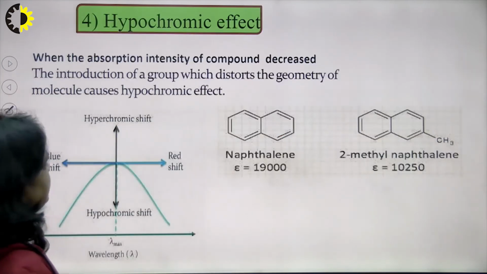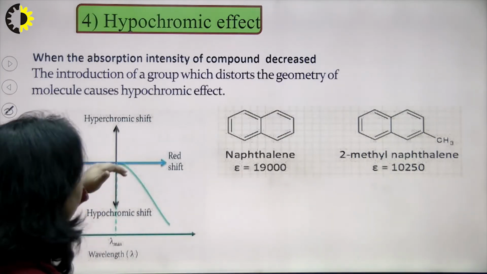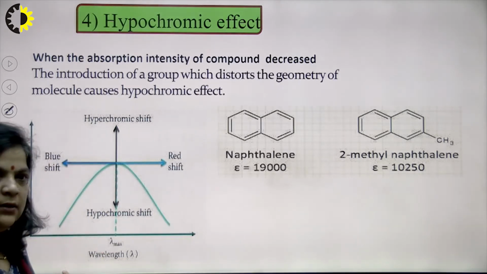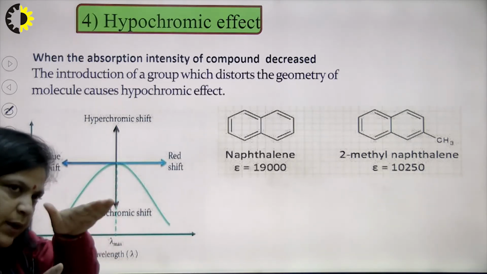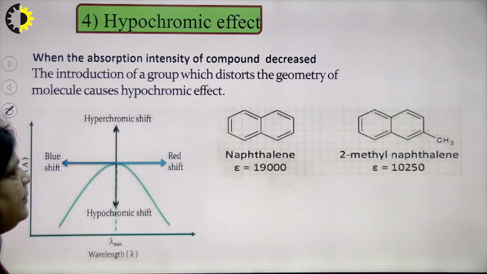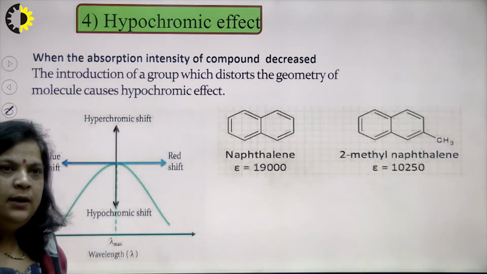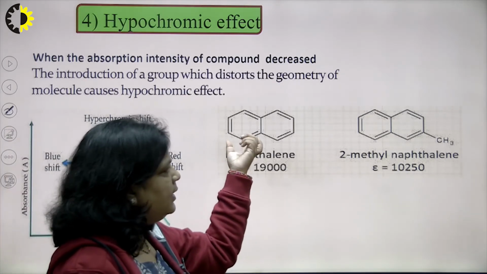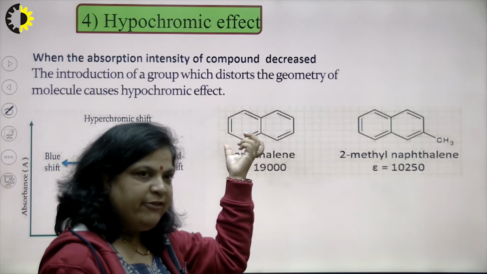Now, next is hypochromic shift. Hypo means downward direction, that is, the height of the absorption maxima decreases. For example, there may be some group which causes the hypochromic shift. Generally we prefer biphenyl.